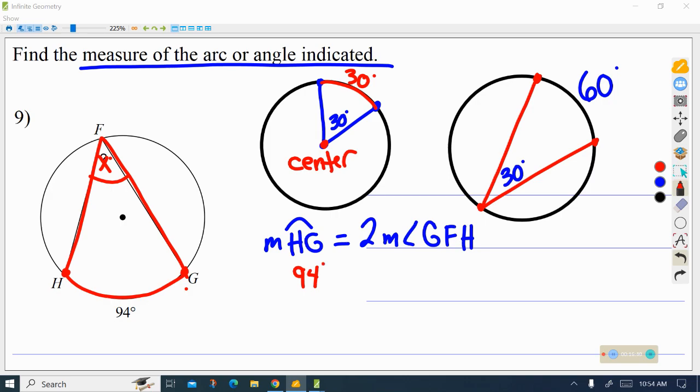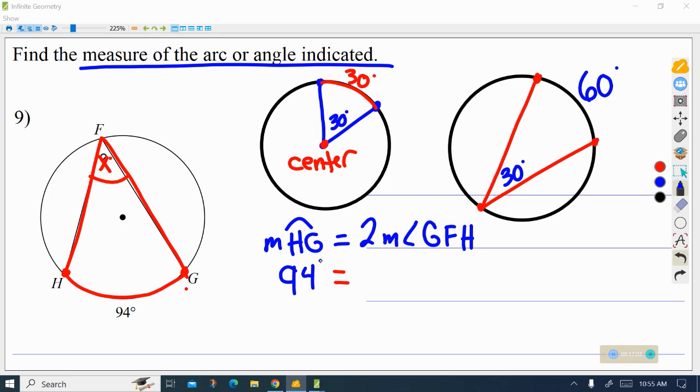And over here, we got double the measure. Oh, my bad, I did that backwards. All right, cool. So what we had here was 94. That was correct. I had the right thing here.